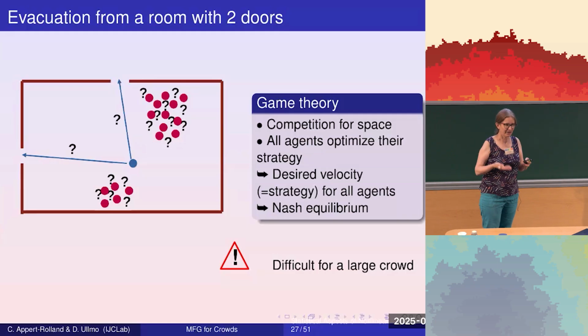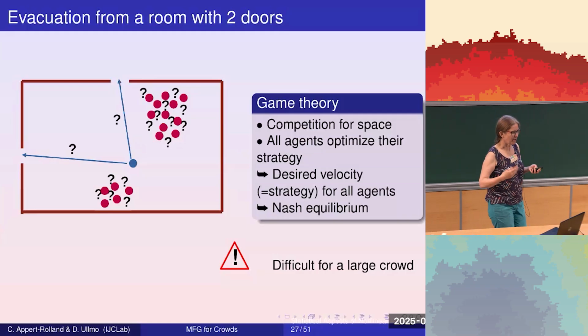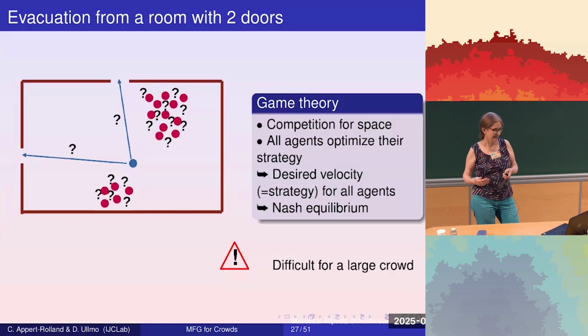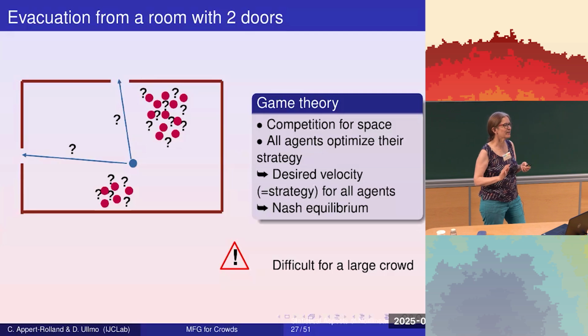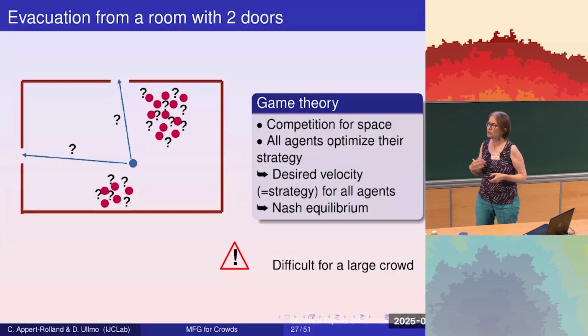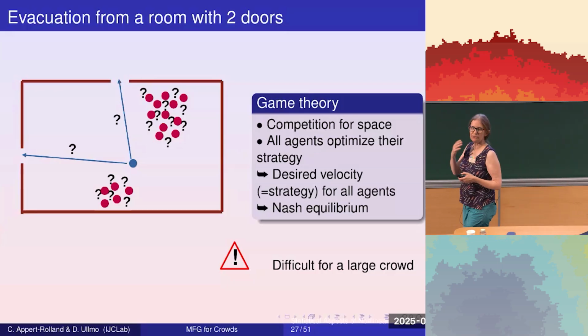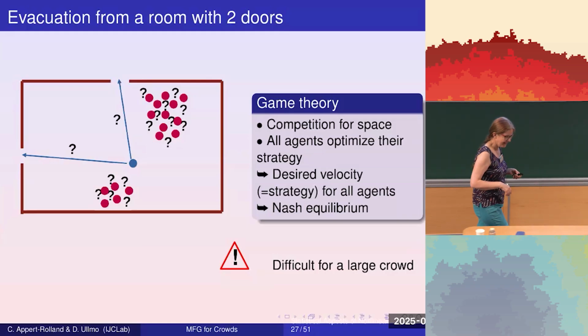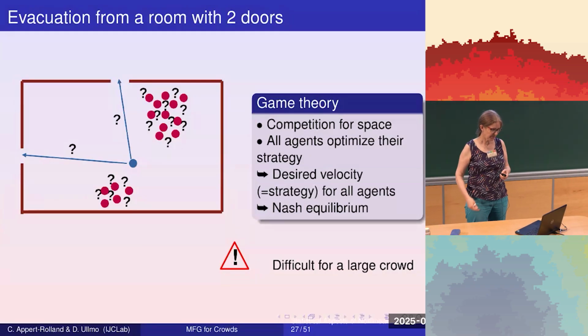And we make a hypothesis, exactly. We make many hypotheses, actually. We assume that we will reach a Nash equilibrium, which can be discussed. But it means that it's a situation you are used to, so you can really foresee what the others will do, at least more or less, and adapt to this strategy.